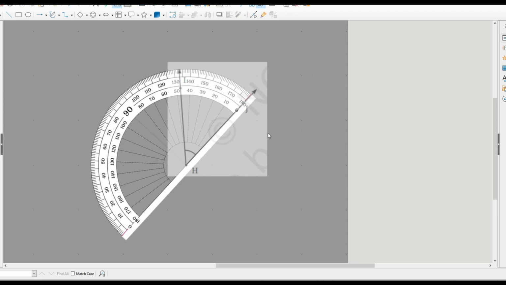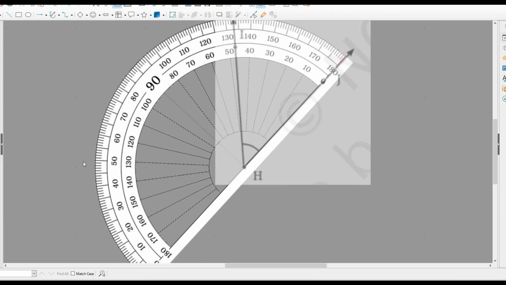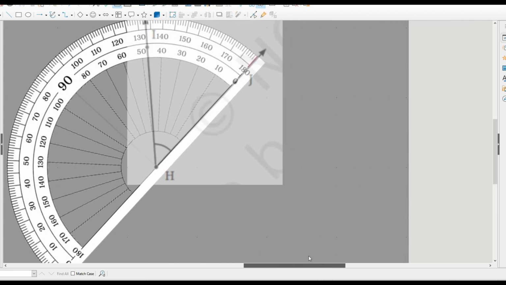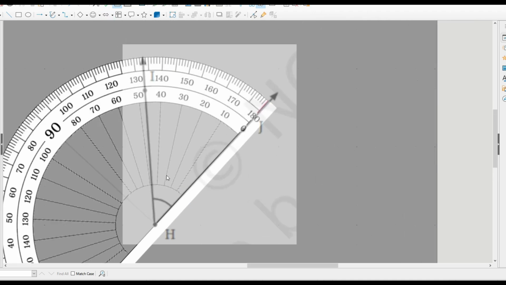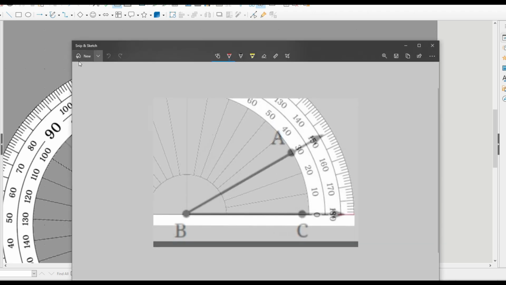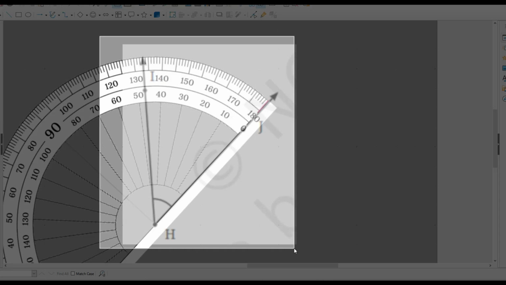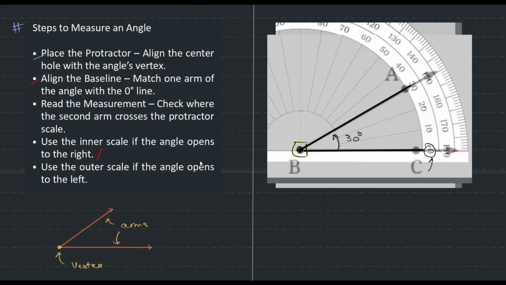Okay, guys, so let me zoom in. Now screenshot, and we have it over here.